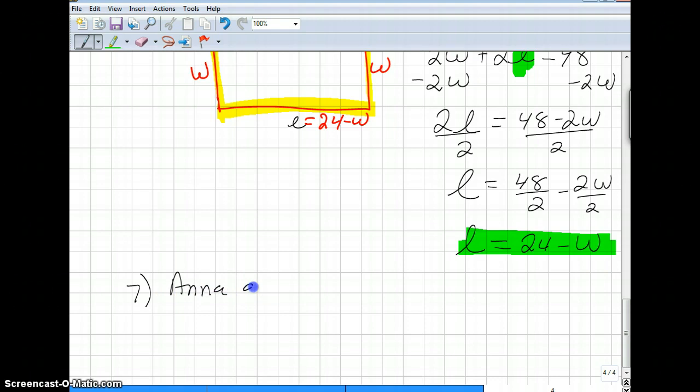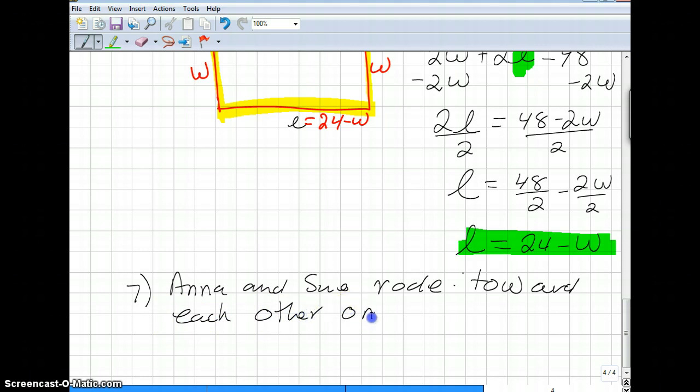Anna and Sue rode toward each other on their bicycles.